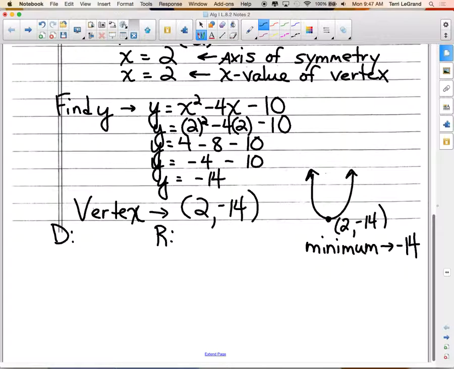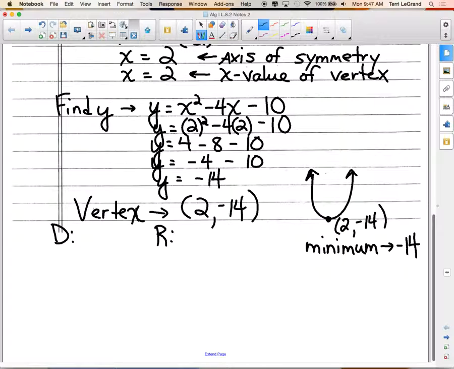Domain would be R. The domain would be all real numbers. In other words, the domain is made up of which values? The x values. So basically it's saying, are there any values for x that could not be plugged into our function y equals x squared minus 4x minus 10?